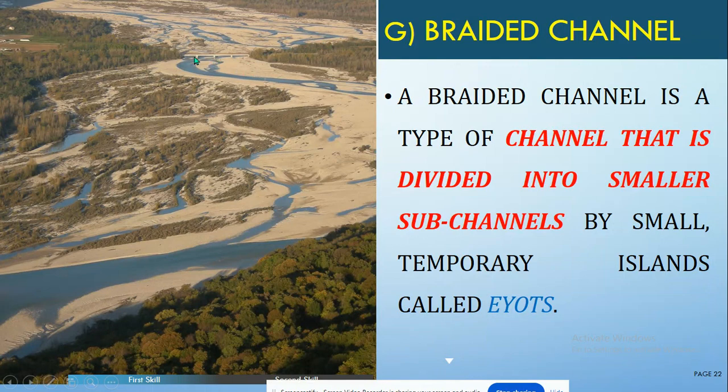So here we have these separating lands, also called islands, but these small islands are called eyots. As you see, these are small lands separating the two small rivers or channels in the valley.